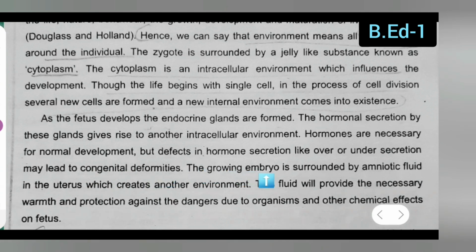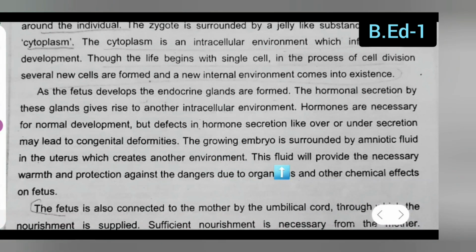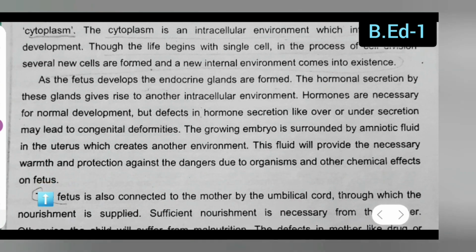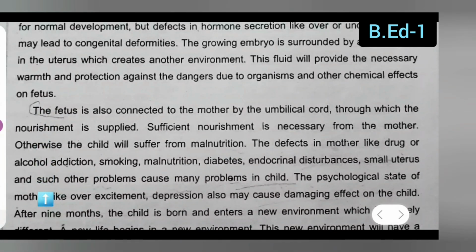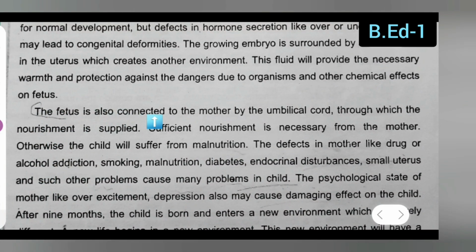The growing embryo is surrounded by amniotic fluid in the uterus, which creates another environment. This fluid will provide the necessary warmth and protection against the dangers due to the organism and the chemical effects on the fetus.